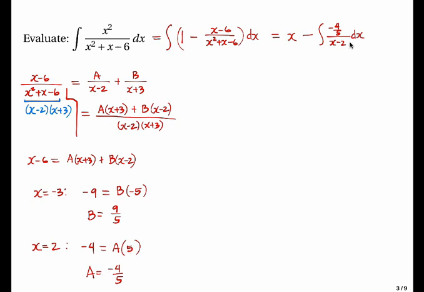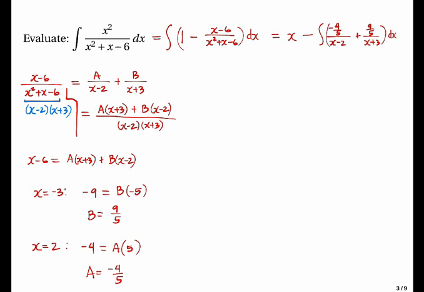So let's write this as a single integral, and put the dx later. And then here plus B over (x + 3). B is 9/5, so we have plus (9/5) over (x + 3). And then the dx.